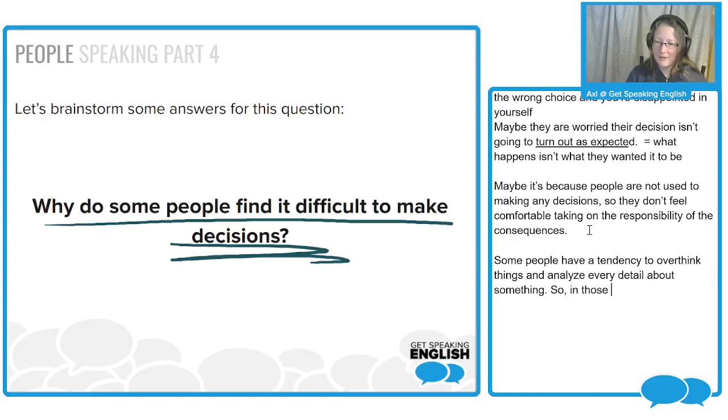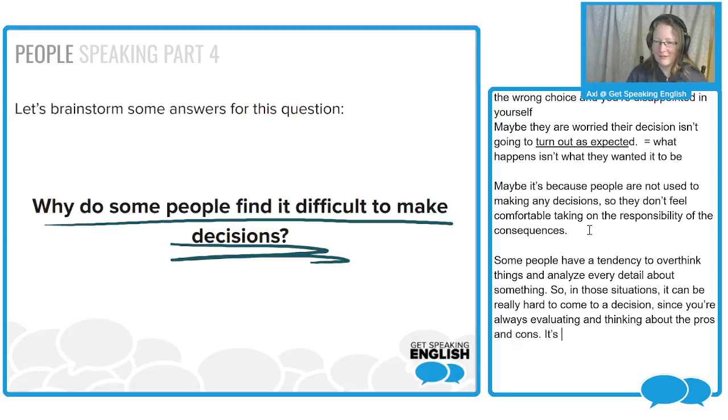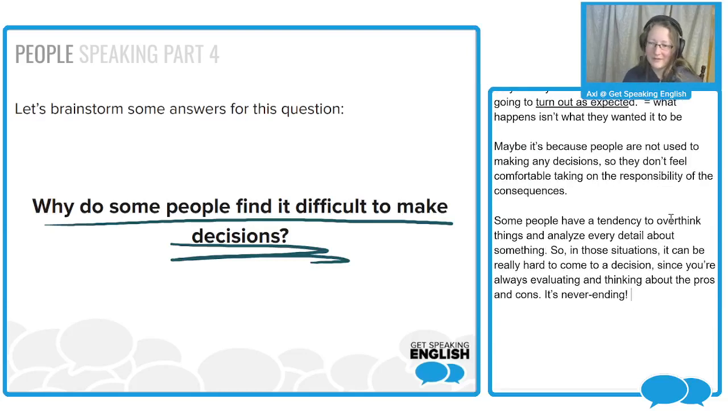So in those situations, it can be really hard to come to a decision since you're always evaluating and thinking about the pros and cons. It's never ending, right? So that could be something. Yeah, if you overthink something, you think it too much.